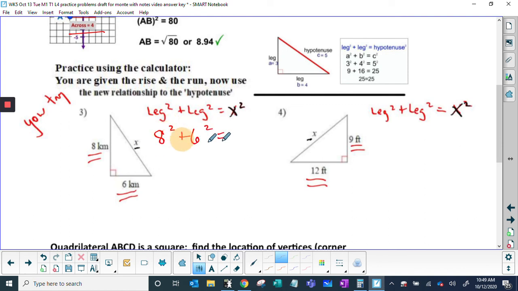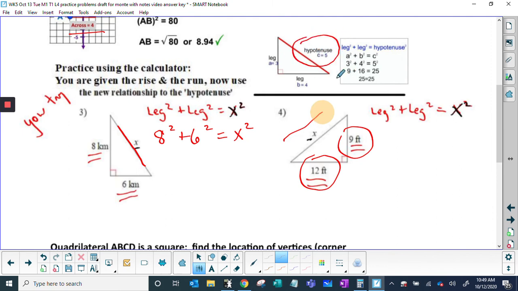Okay, do the math. The rise over the run is equal to the long side squared. And a new vocabulary word we're going to start using is the hypotenuse. All right, so 9 times 9 plus 12 times 12 is equal to that x squared. You do the math.